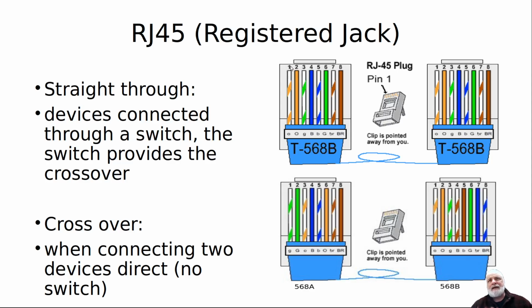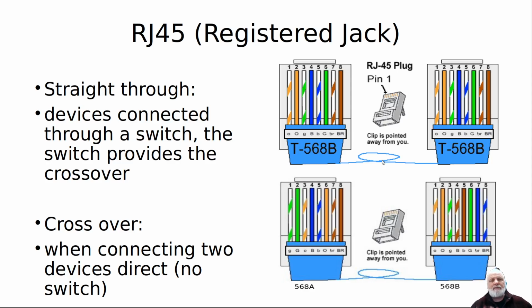Let's say A is going to transmit on pins 1 and 2. It transmits through the orange, goes through this straight through cable, and the data comes over into pins 1 and 2 at B. Well, the problem is that pins 1 and 2 are transmit ports, and so you really need the green for that. This is important because you need to understand which type of cable to use depending on which connection you have.